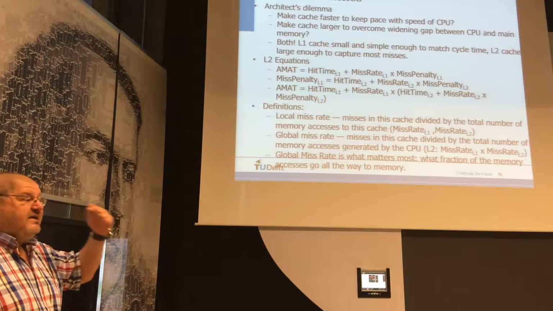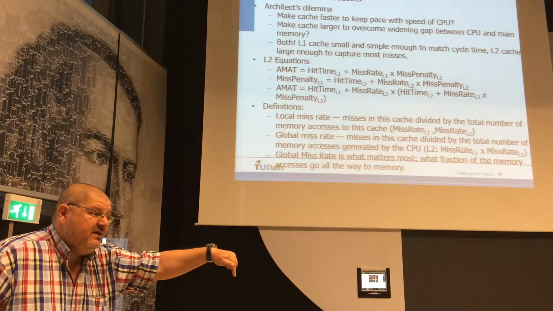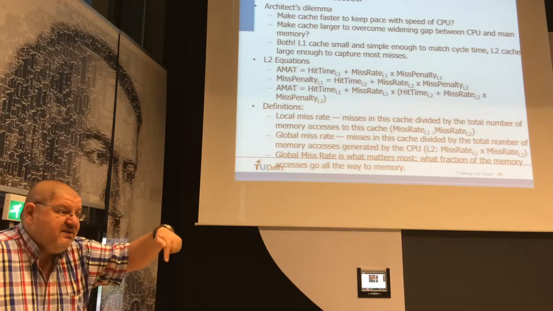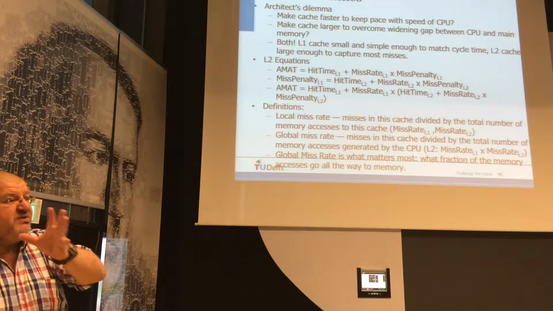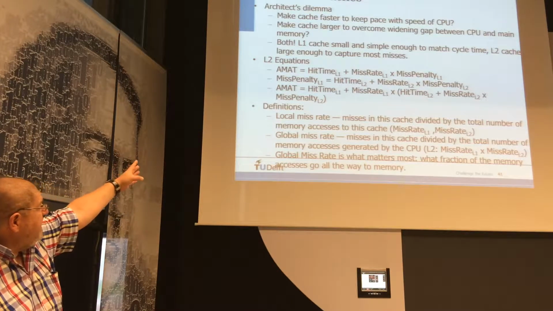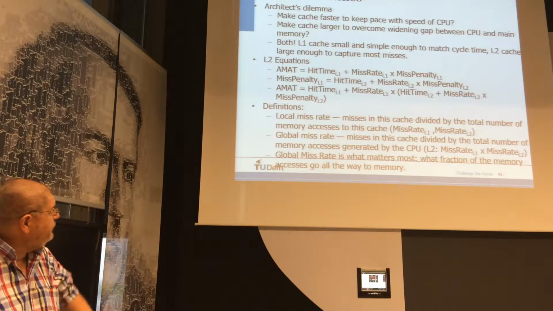It's the access time for a hit in the second cache plus the probability of a miss in the second cache multiplied with the cost of the miss. And this is the equation. You see, hit rate level 1, miss rate multiplied with whatever.